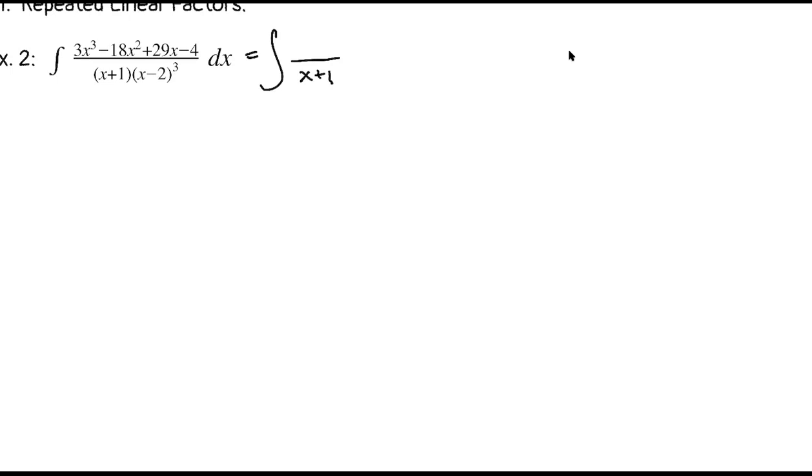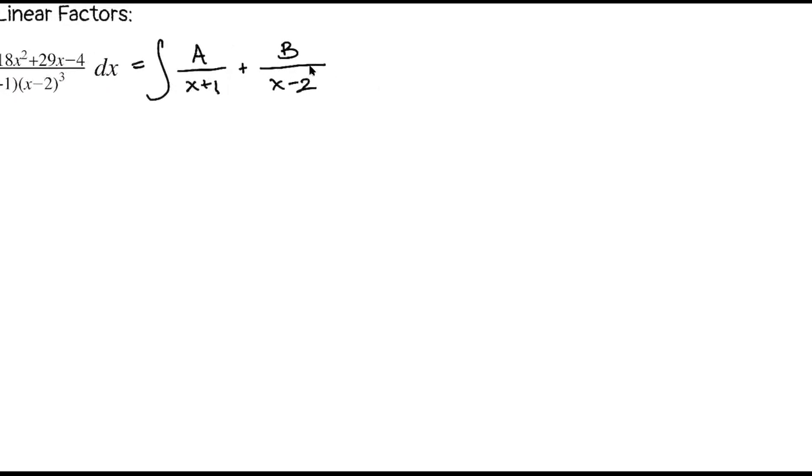It's going to be repetitive, x minus 2 three times. Oh, I was just asking what the numerator was going to be. And someone said A, and that's correct. So it's going to be a constant numerator, right? What's the next denominator going to be? X minus 2. X minus 2, good. And that numerator is going to be B. Okay.